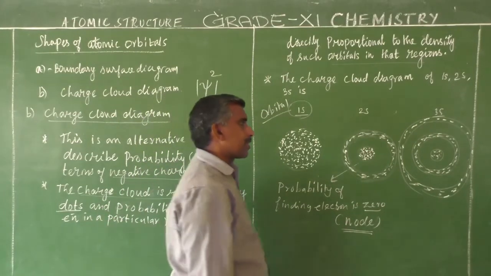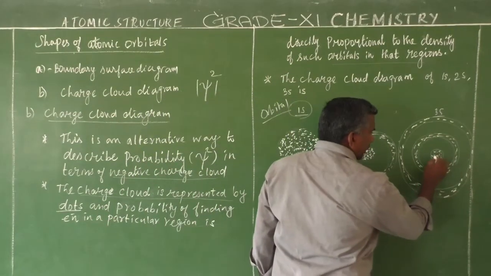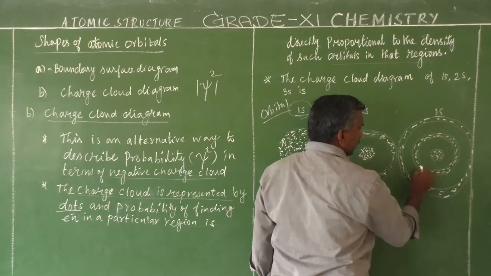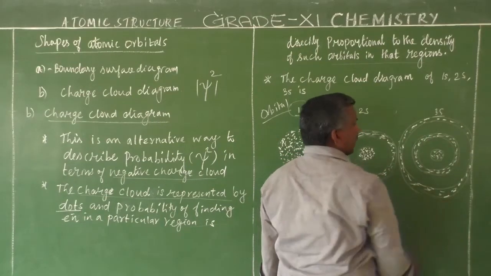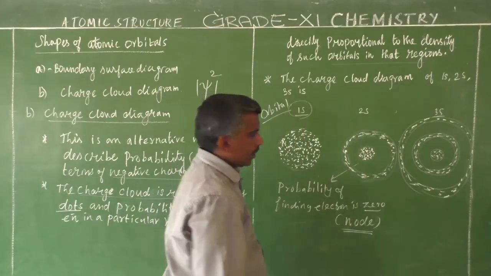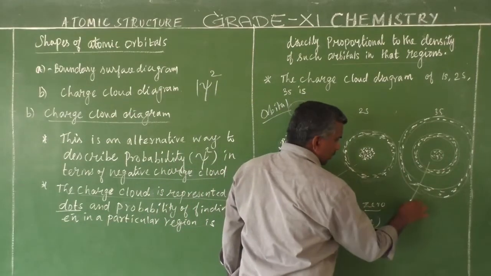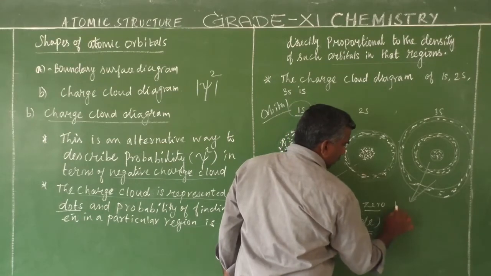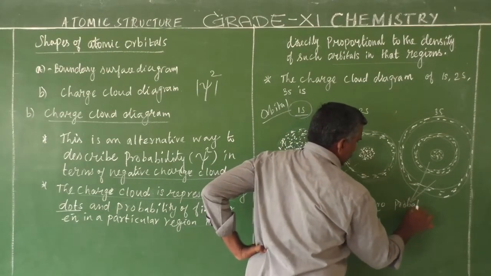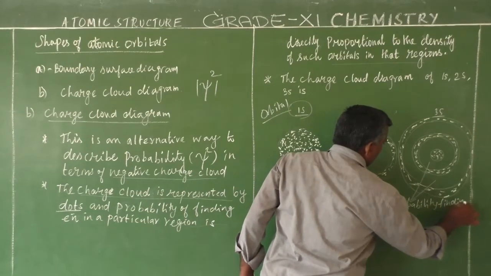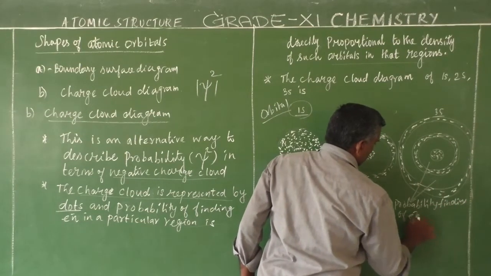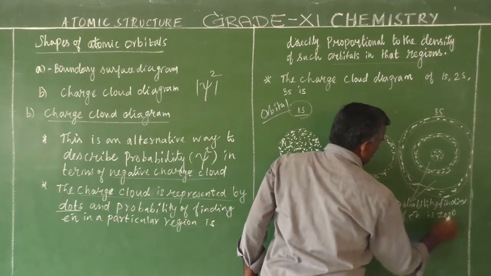Now the 3s orbital. The electron density is present here, then the probability of finding the electron is maximum, then maximum again. Here there are two nodes, this area and this area, where the probability of finding the electron is 0.